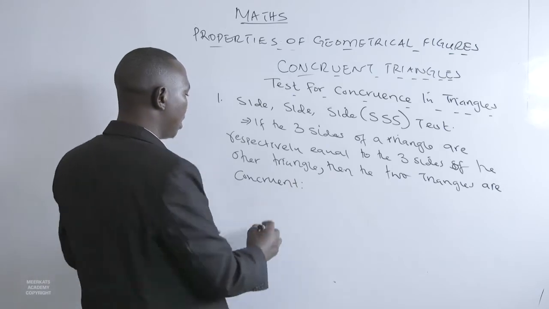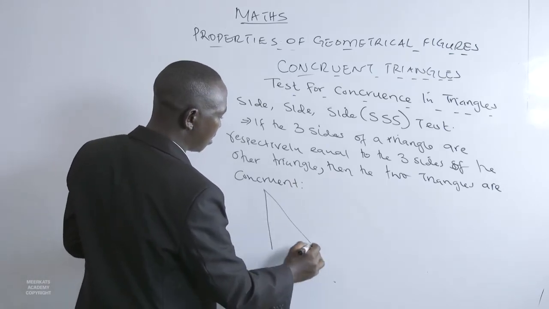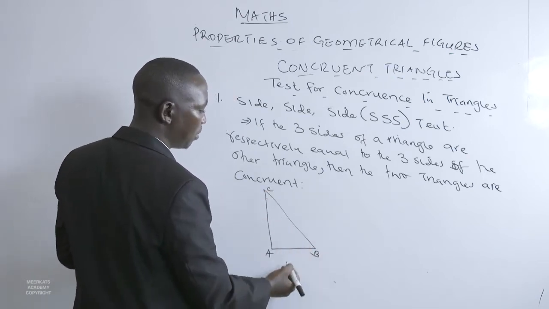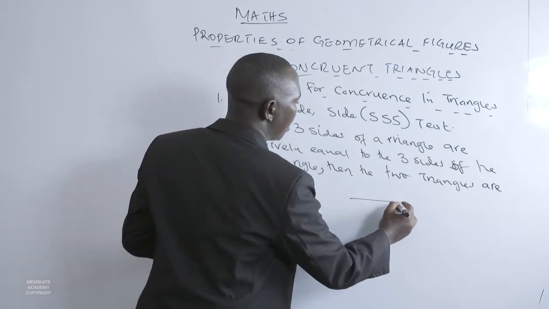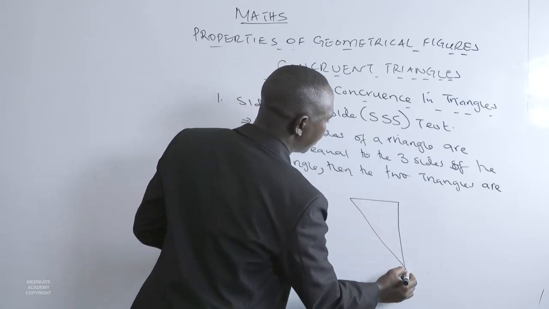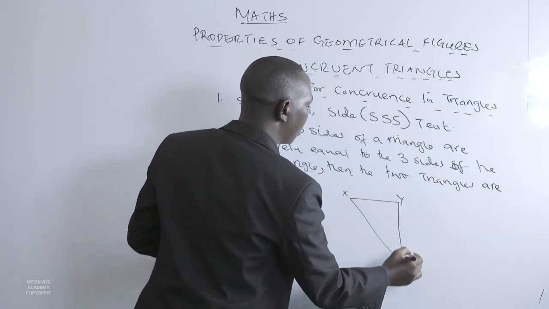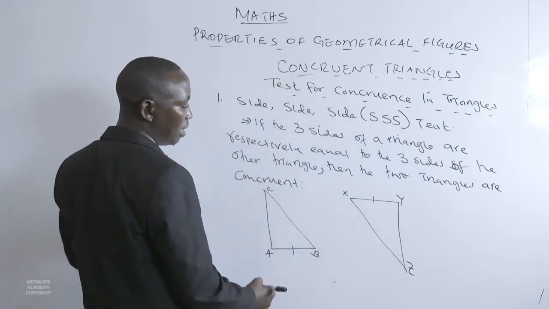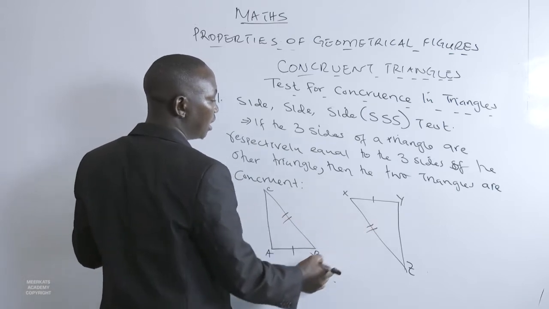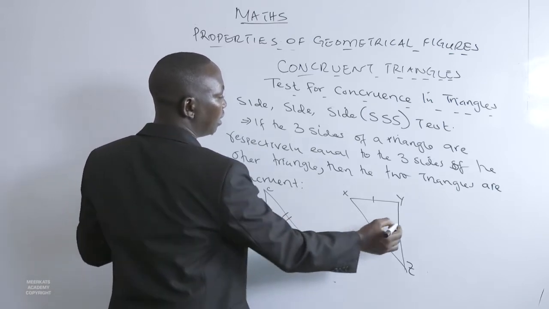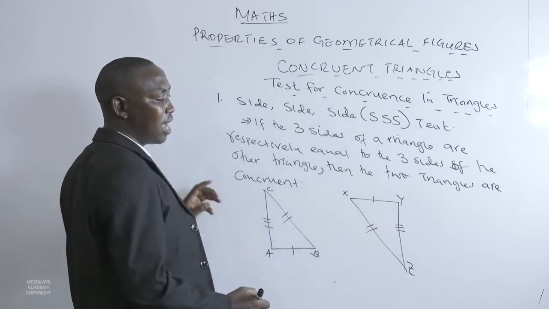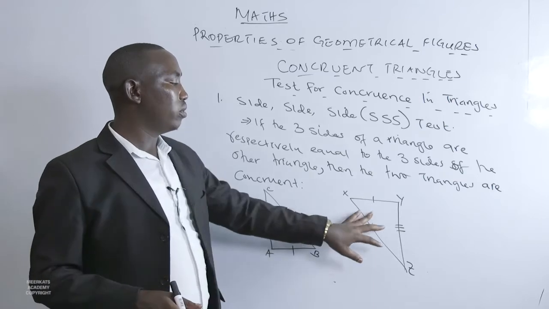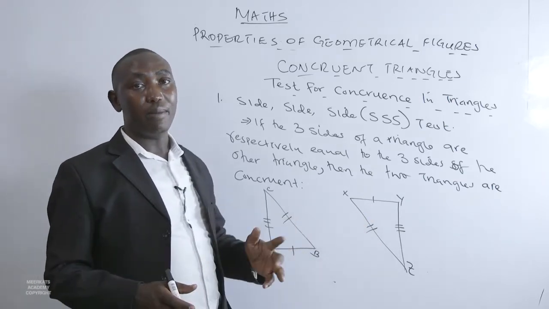In short, if we had a triangle ABC and we have another triangle XYZ, where this side is equal to this side, and this side is equal to that side, and this side is equal to this side, then on the basis of the sides, these two triangles will be said to be similar.